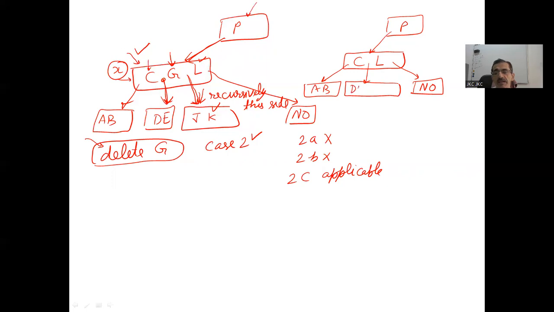Merging will mean PE was already here. After this, the G will be put here as a next value. After this, JK will be put. Exactly 2T minus 1 keys will reach here because T minus 1 keys were in the preceding node, and T minus 1 keys were there in the succeeding node.